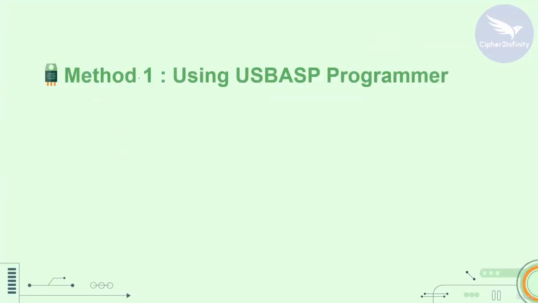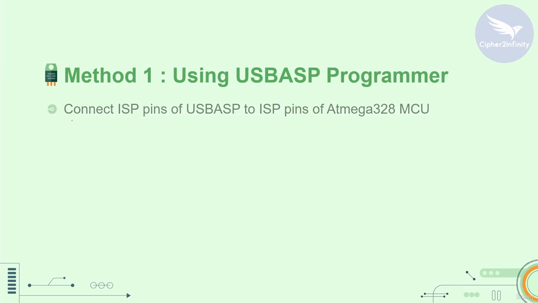You already know the process to program the microcontroller using method 1, which is using the USB ASP programmer, but still, let me quickly show you the steps involved. The first step is to connect the ISP pins of the USB ASP to the ISP pins of the Atmega328 microcontroller. We have already discussed that MOSI should be connected to MOSI, MISO to MISO, SCK to SCK, reset to reset, and ground to ground.